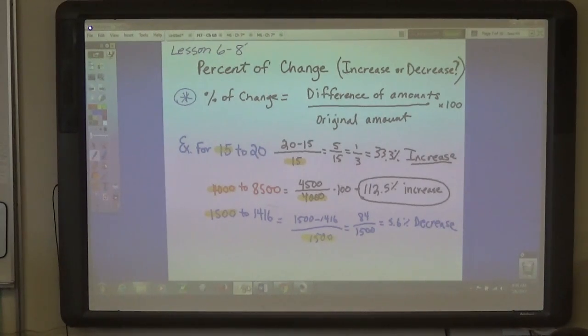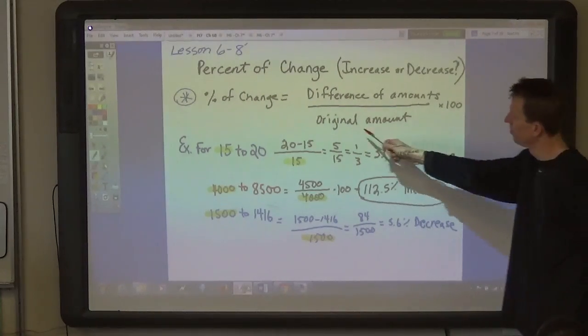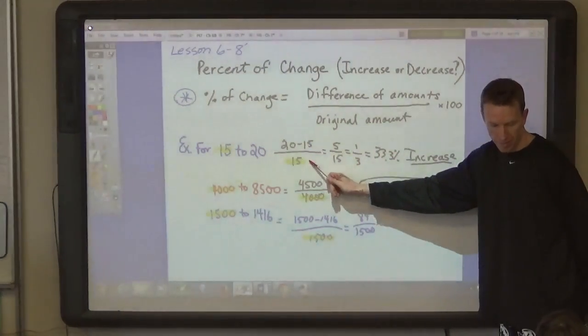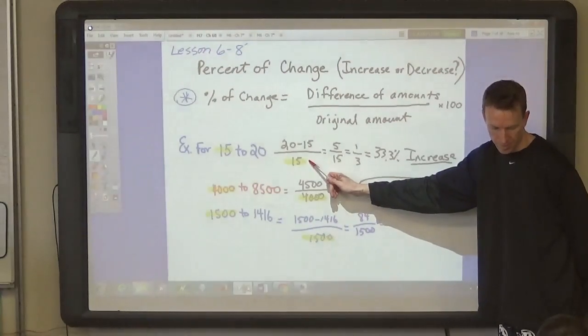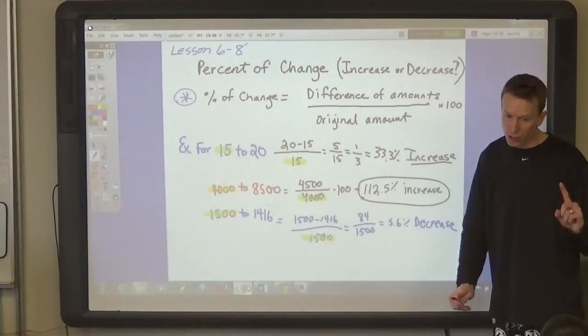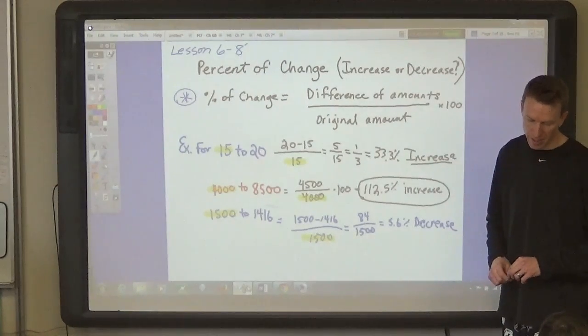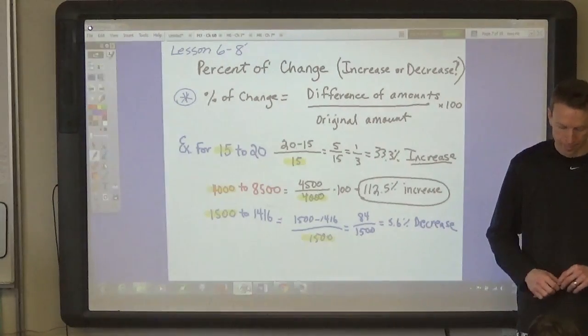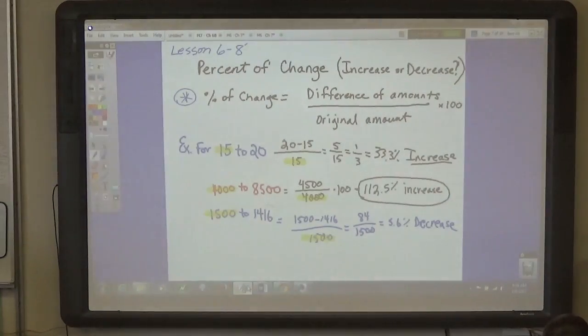First, find the difference of the amounts. The original amount. What do you do with the original amount? Put it on the bottom. No, the original, the first amount listed. What's the first amount listed? It's 1.